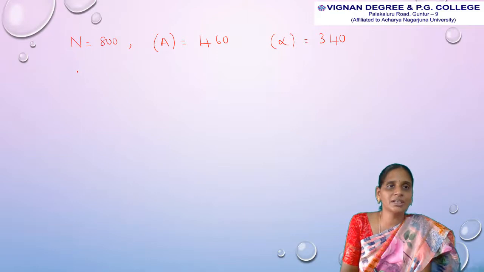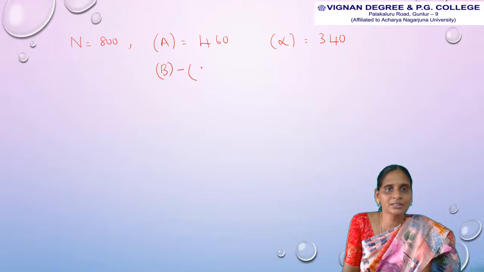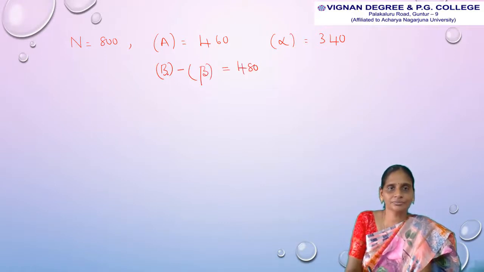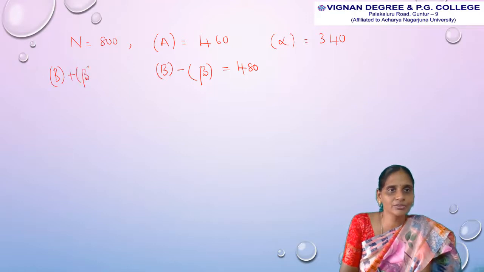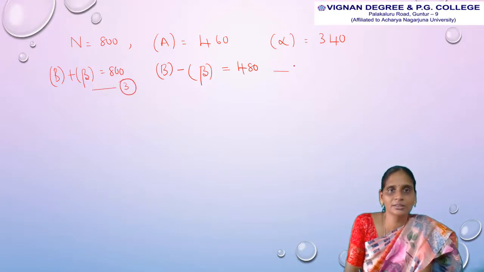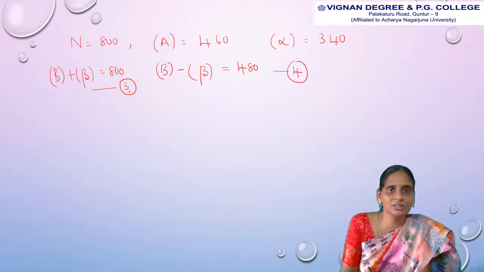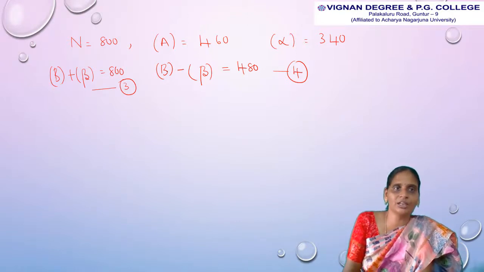That can be represented as frequency of B minus frequency of beta, which is 480. Again, N can be written as frequency of B plus frequency of beta, so this value is 800. This is treated as 3 and this is treated as 4. We have to solve these two equations, 3 and 4, to get the value of frequency of B and frequency of beta.